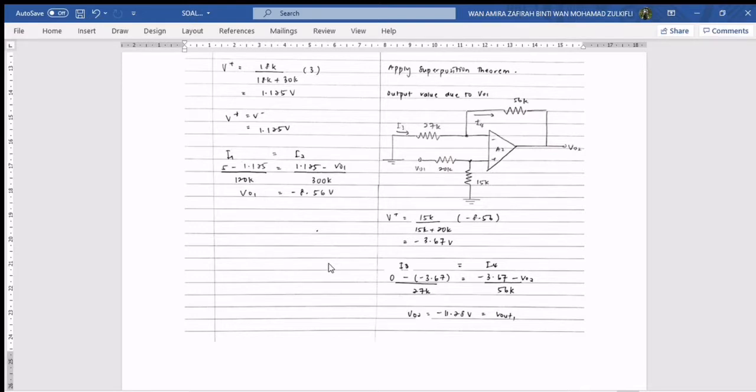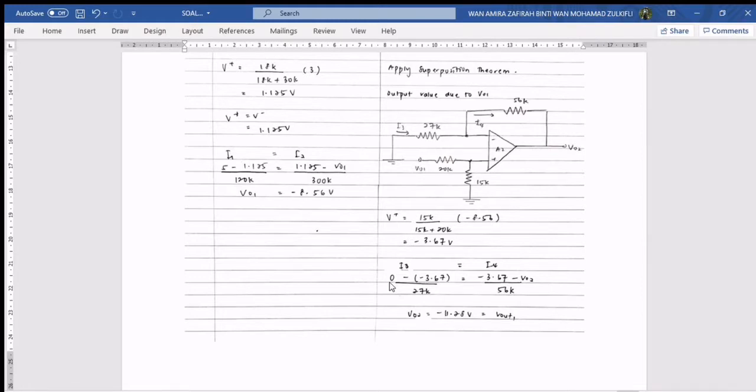So the value of V minus is equal to V plus. By applying the current in and current out, I obtain the value of V output 2 here. So I3, 0 minus negative 3.67 over 27k, is equal to current out I4, negative 3.67 minus V out 2 over 56k.